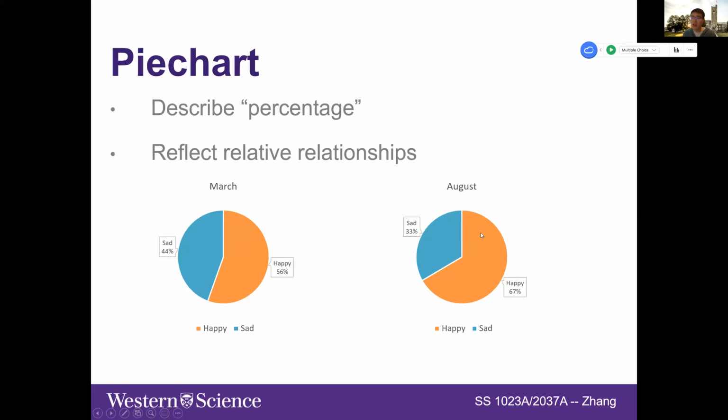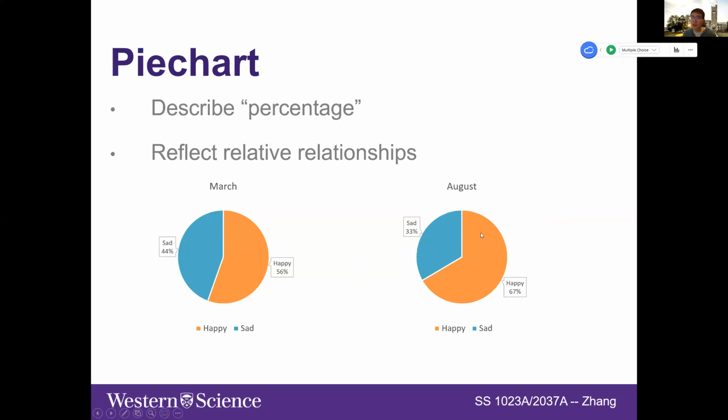Definitely not, because maybe we have a lot of data in March, but only 3 data points in August. Probably we only have 2 happy days in August, but 10 happy days in March. The message is that the pie chart only reflects the relative relationship, because we cannot tell our sample size directly from a pie chart.